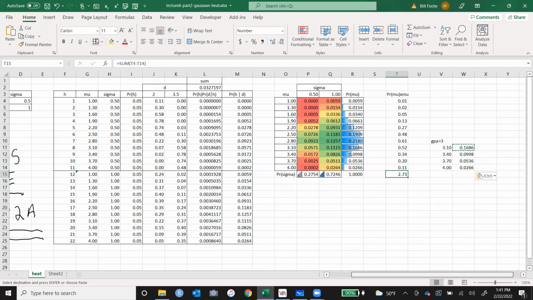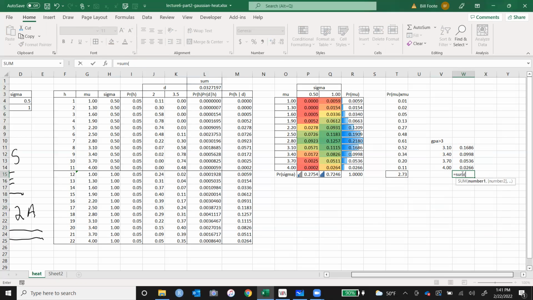Okay, that's wonderful. So what we're going to do here is add these up as well and normalize them again. This is something, again, that we know how to do. We did it over here.